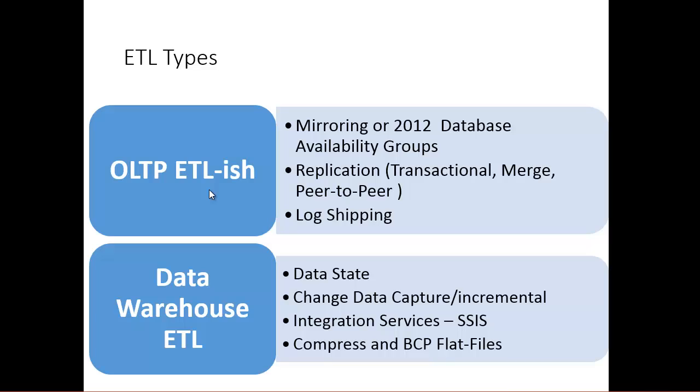The primary characteristic of this type of approach to ETL is that you are looking for transactional consistency. Again, the purpose of these is to have some sort of backup or hot backup that you can always bring online if for some reason your production or your main system goes down.